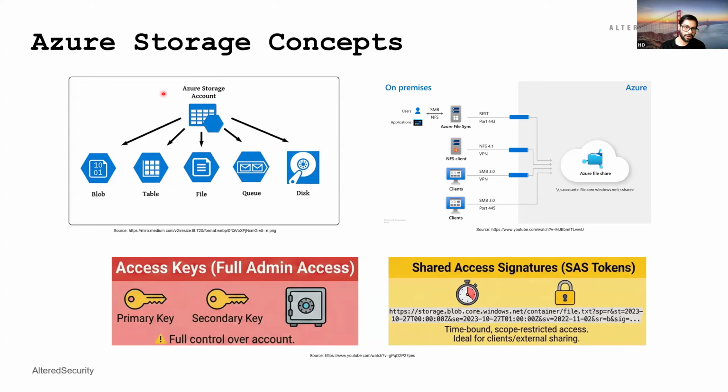There are various types of storage which you can store in the storage account. We have blob, where you can save or upload any sort of unstructured data. We have a table, which is kind of a NoSQL DB. We have Azure files, which are just like SMB shares in the on-prem environment.